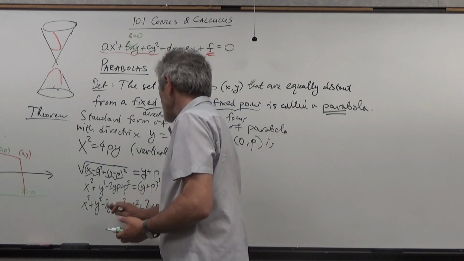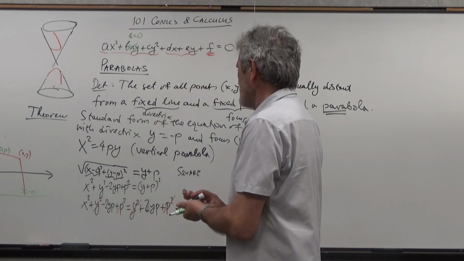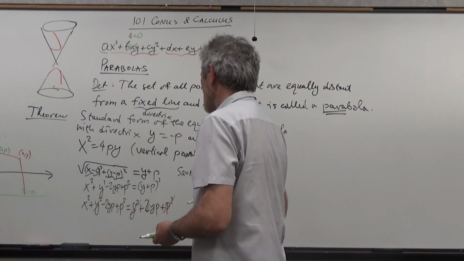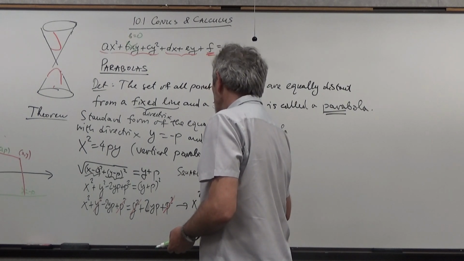You cancel p squared and p squared, you cancel y squared and y squared, you get 2yp on the other side, and you get exactly what we had there: x squared equals 4py.